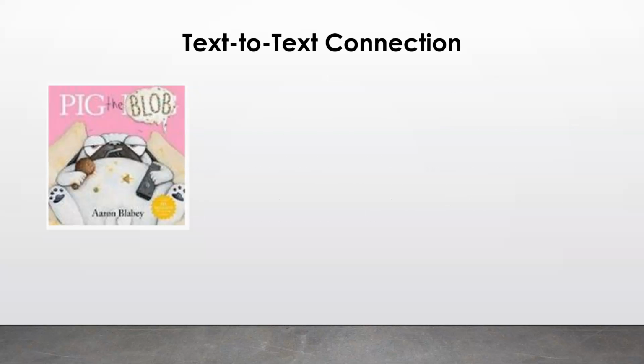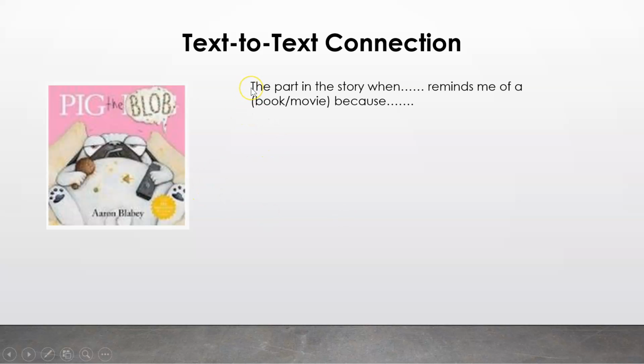Text-to-text connection. So this is connecting something that's happened in this text, Pig the Blob, to another text or another movie or another YouTube clip or something else that you've connected to. So here's some sentence starters. The part in the story when reminds me of a book or movie because.